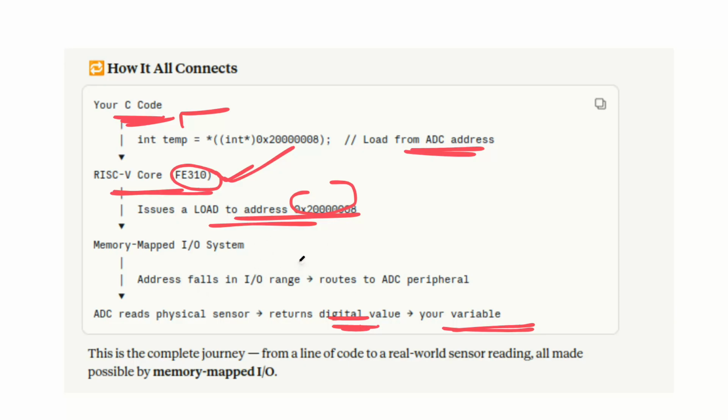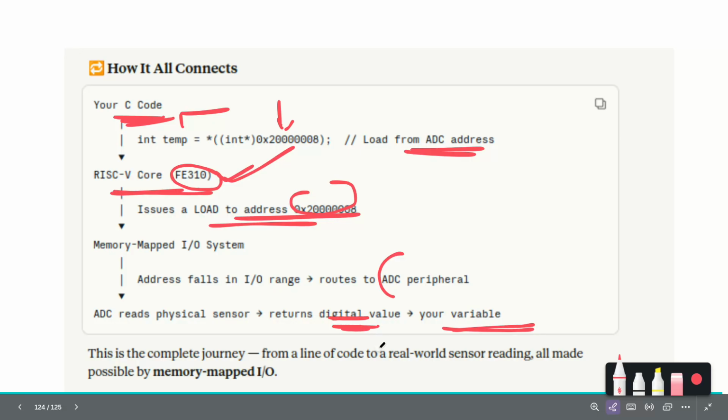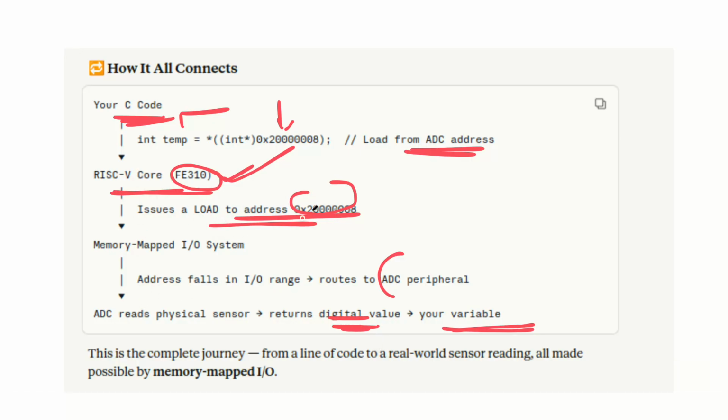If it does, it routes to that address peripheral. In that peripheral it will read the physical sensor and return the digital value, your variable. So it is issuing a load to this address, and who is issuing the load is the RISC-V core, our FE310 core. This is basically what is happening here.